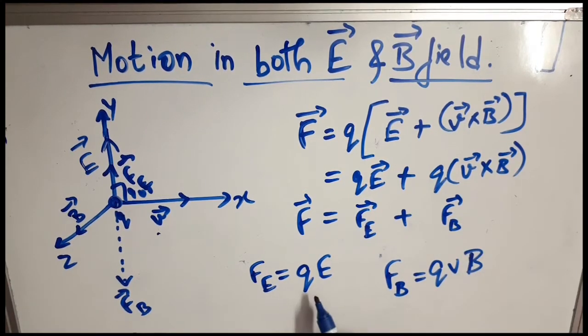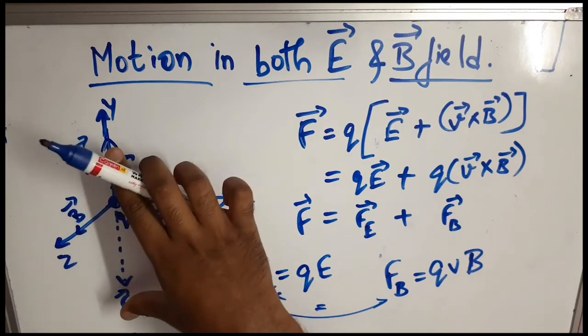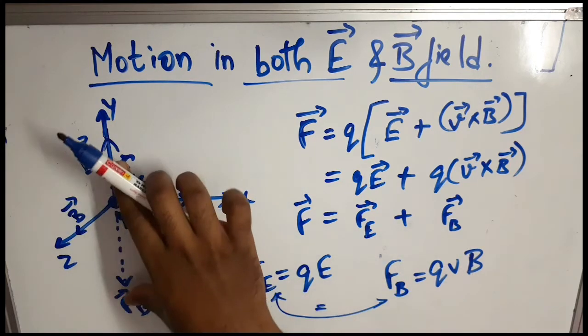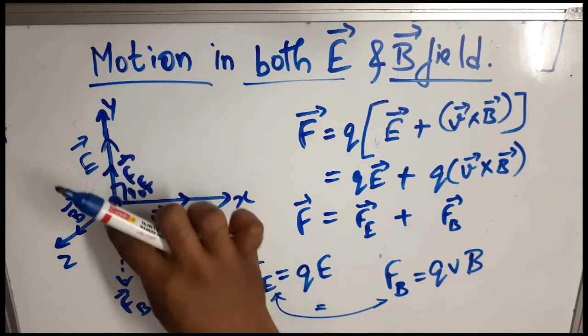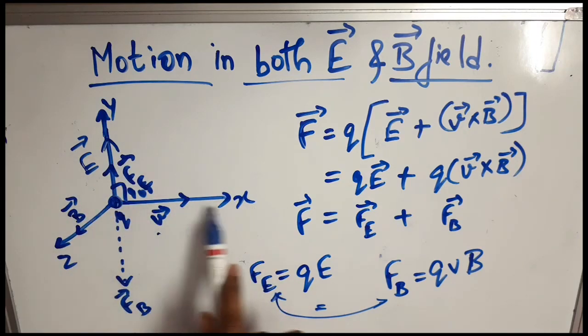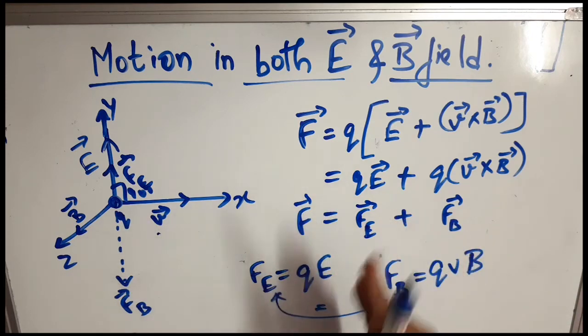So if FE equals FB, then these two forces will cancel out each other because they are in the opposite direction, and if the magnitudes become equal, they cancel out each other, and our charged particle Q moves in its original trajectory in which it was put into.